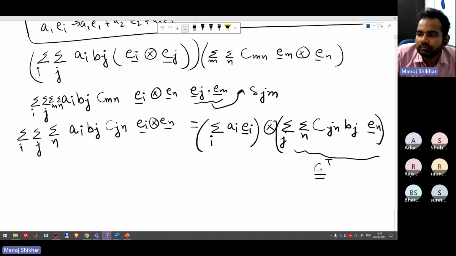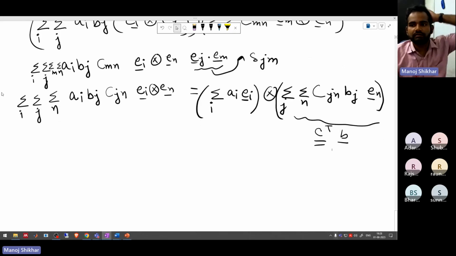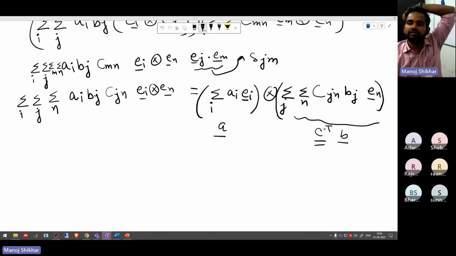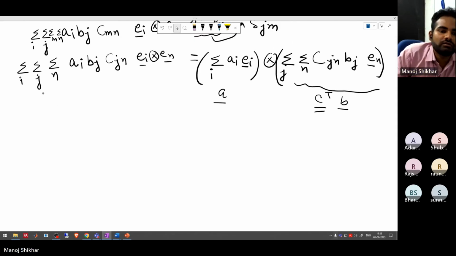So if we are able to prove that this is C transpose B, our work will be done, because this is A, and this is getting dyadic with this. So now let's see how we prove that.